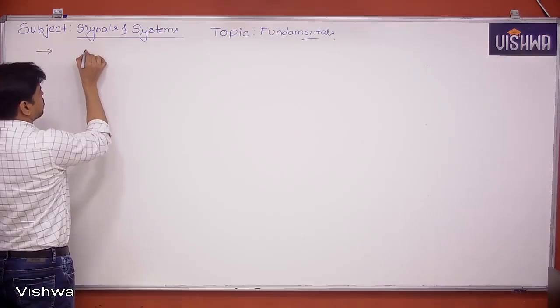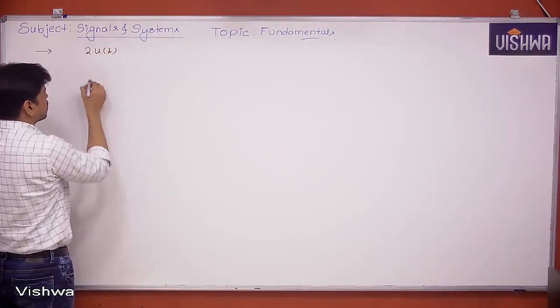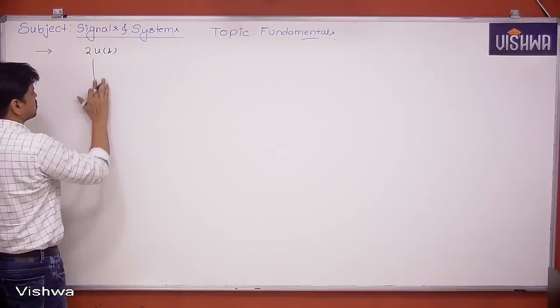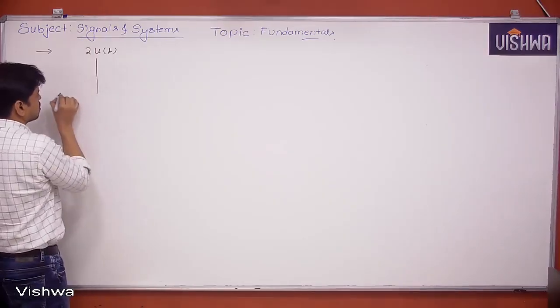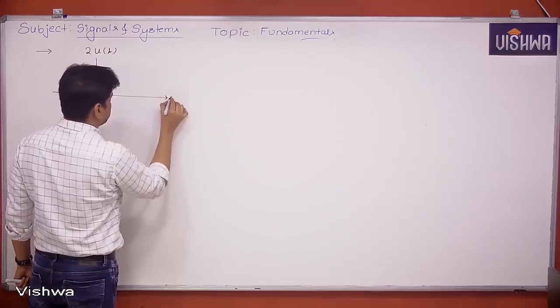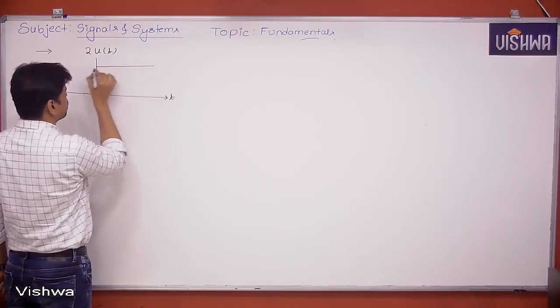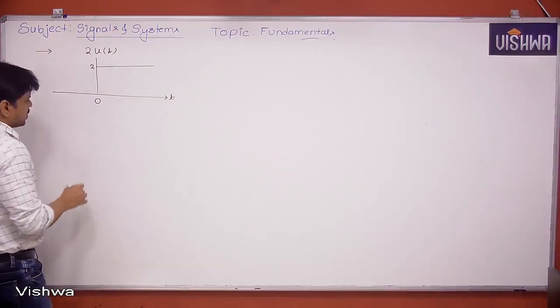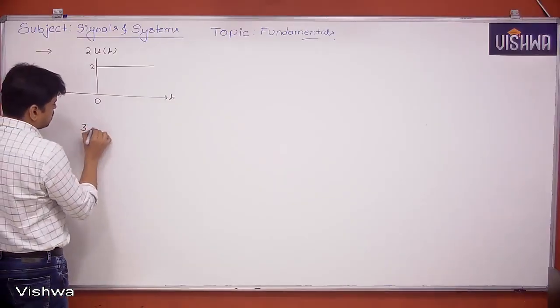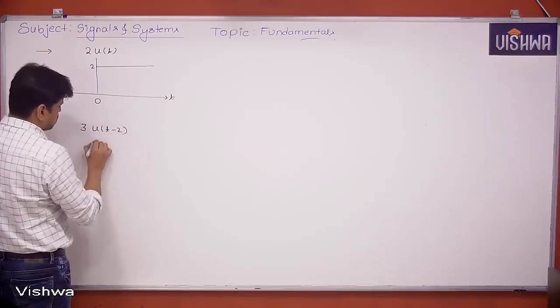If I say draw 2 u of t, how can we draw this? Whose amplitude is 2 after t equal to 0. If I say draw 3 u of t minus 2, can you draw this?